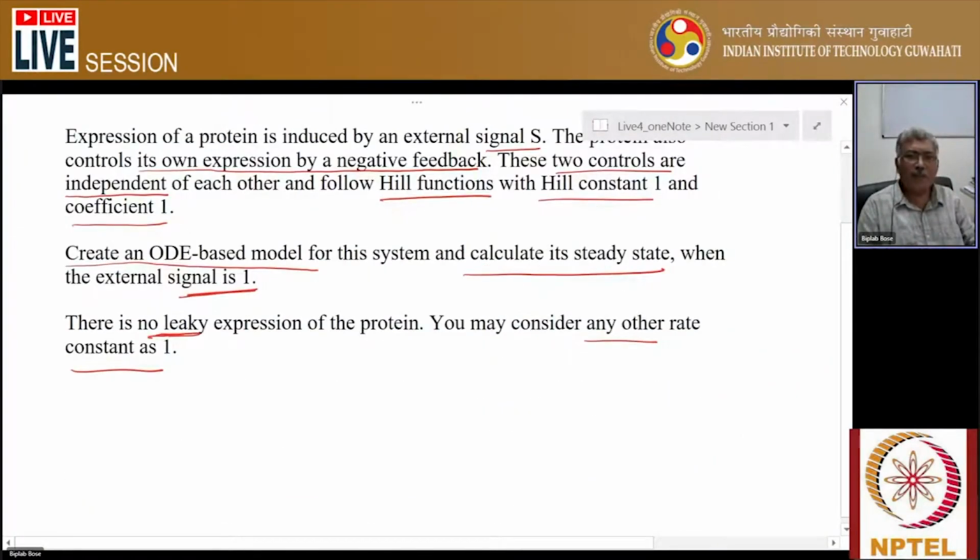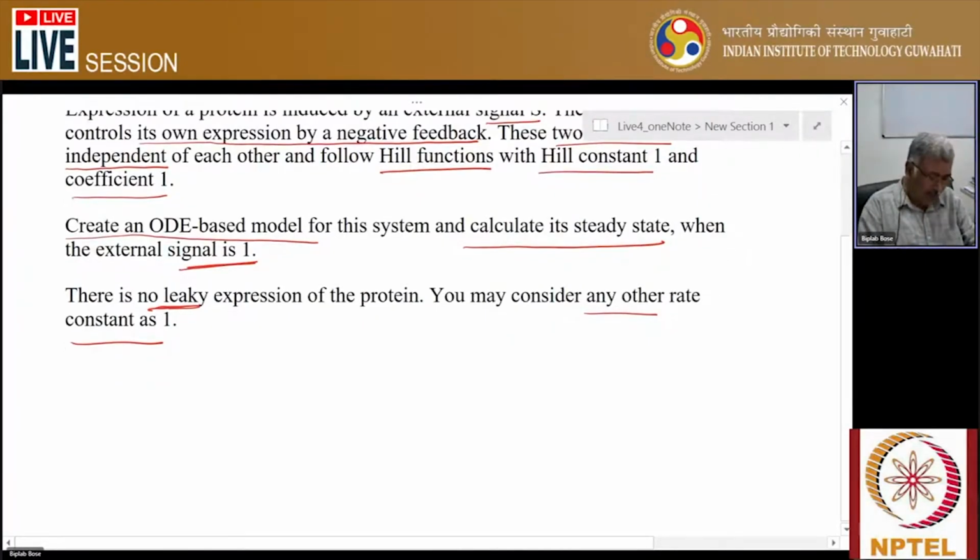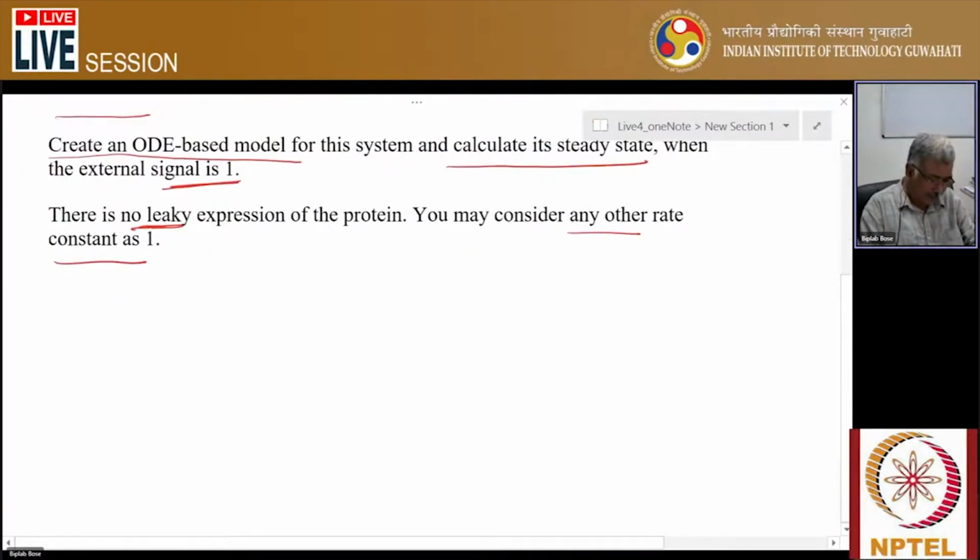All this problem becomes much easier if I draw it, right? So let me draw it. Small p is the protein, and G is the gene. It gives rise to mRNA.